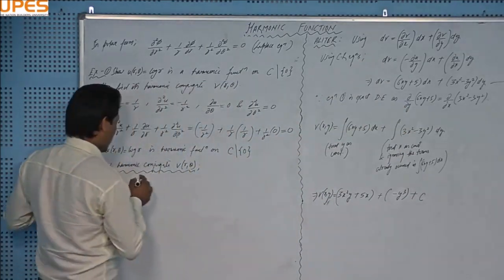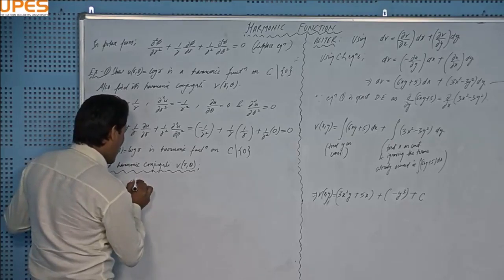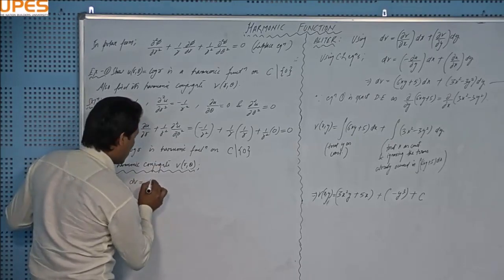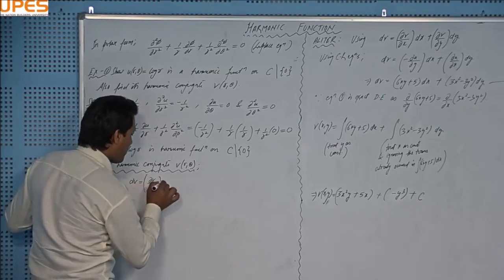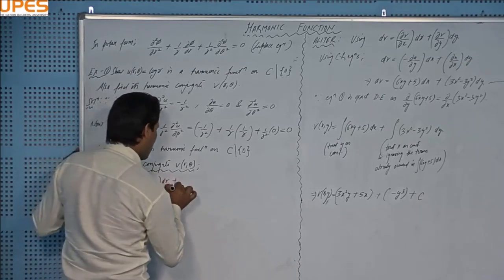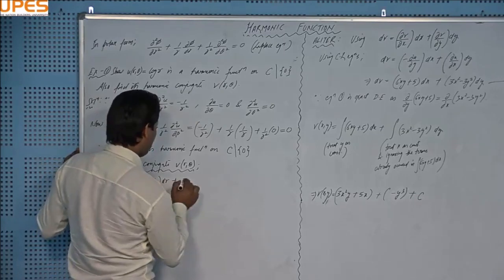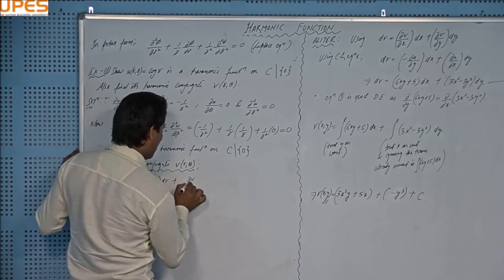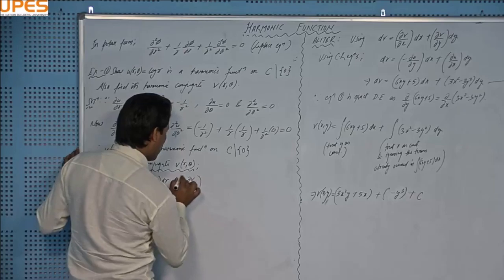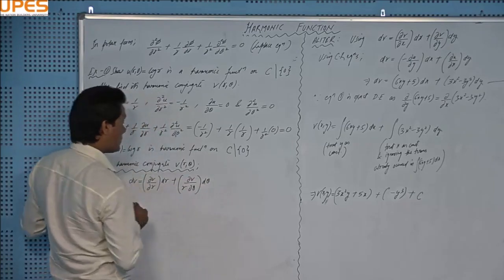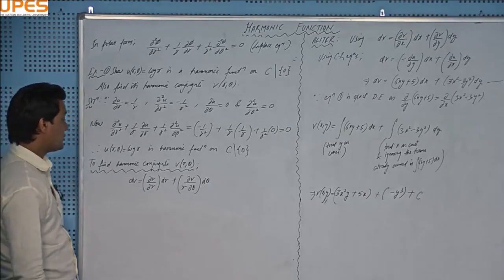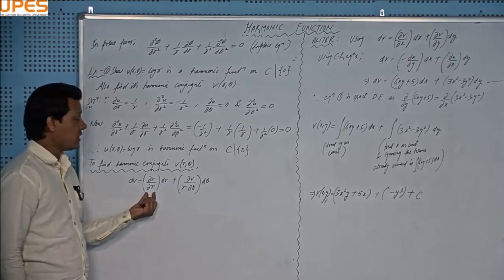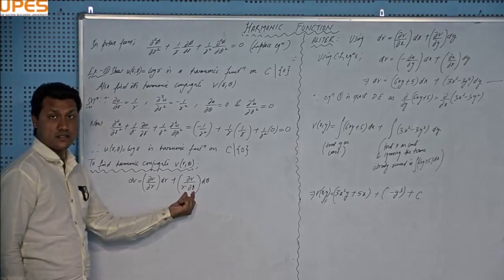Writing dv equal to del v over del r dr plus del v over r del theta times r d theta. Since we are dealing with the polar form, dx is replaced by dr and dy is replaced by r d theta.